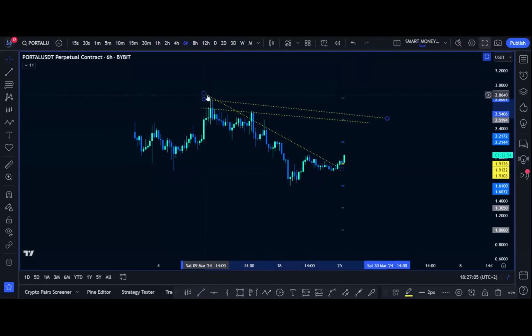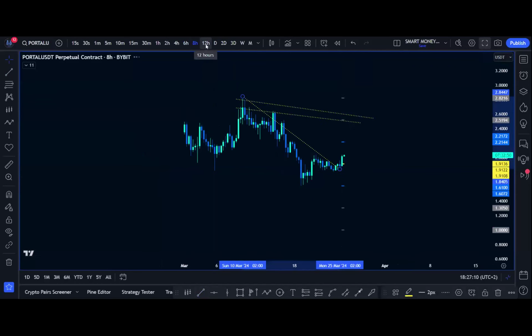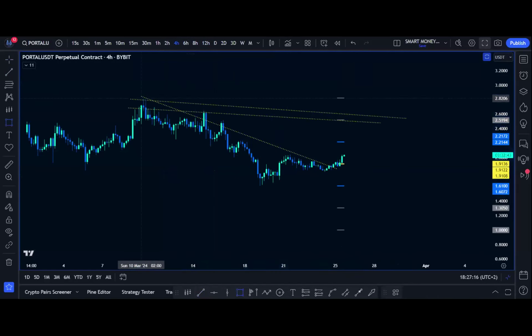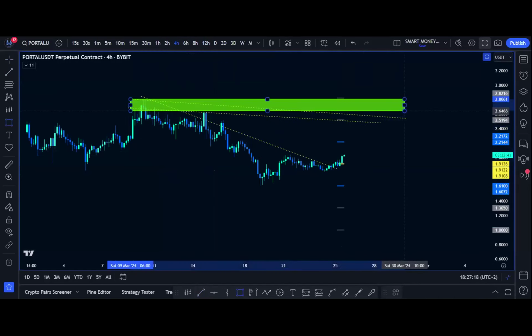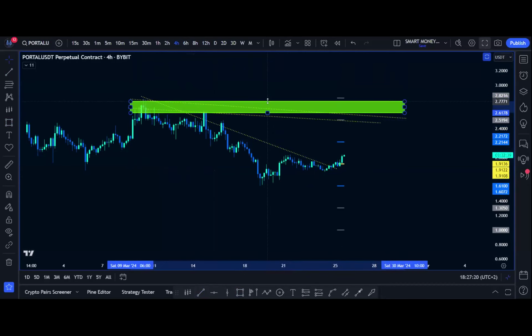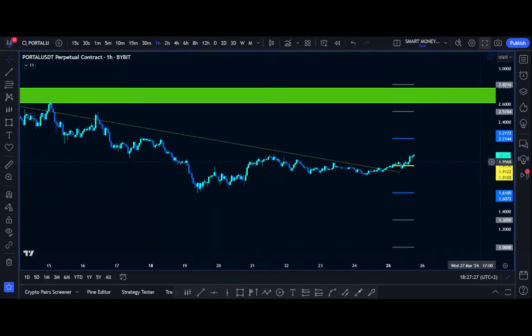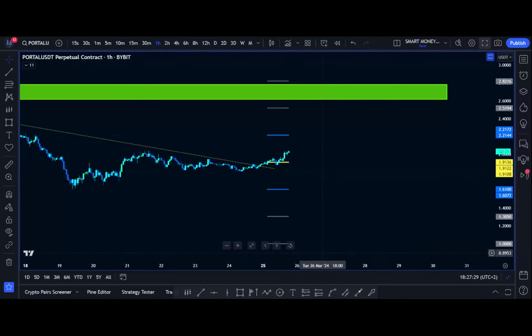Sometimes if there's not enough data, it's hard to see where the wicks will be. Let's see in the 8 hour. I mean, this could definitely go up to this point. It could definitely go up to here, this region. Or if you just stick to the actual weekly levels, I'm pretty sure it could go to these levels over here.